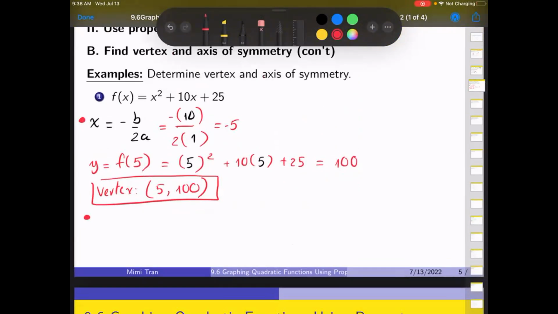Oh yeah, thank you. Right, -5. No wonder this y is so high. On the exam, I promise you, I'm not going to make you graph something that has a 100 value in it.